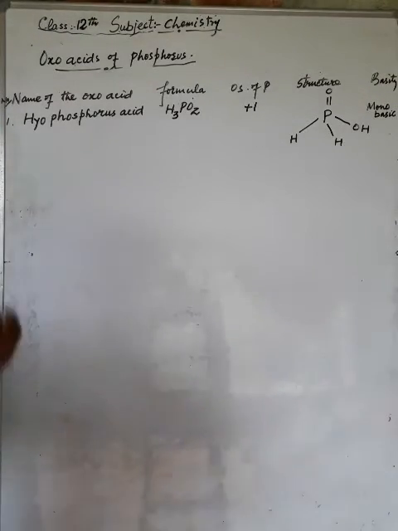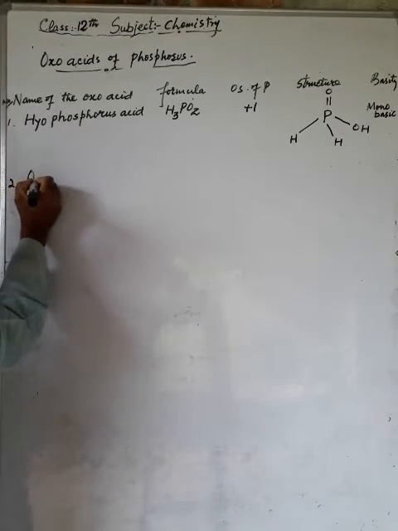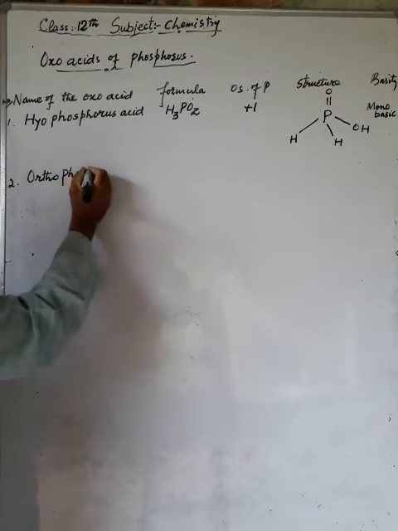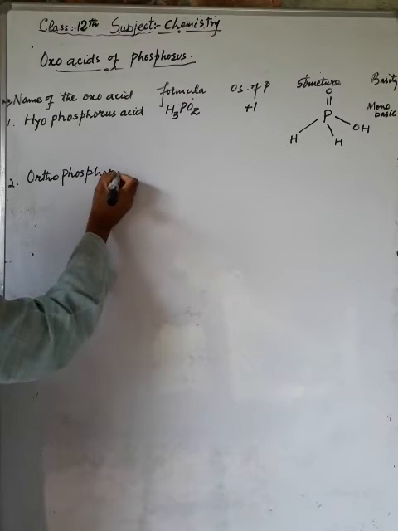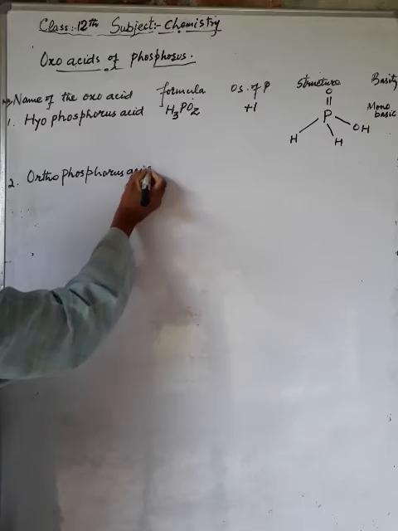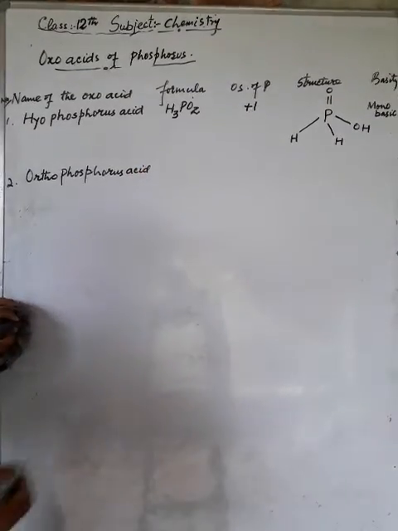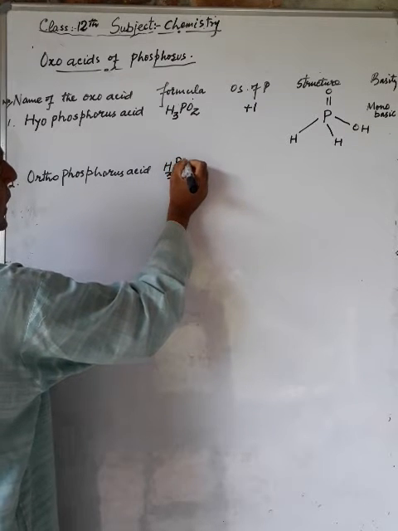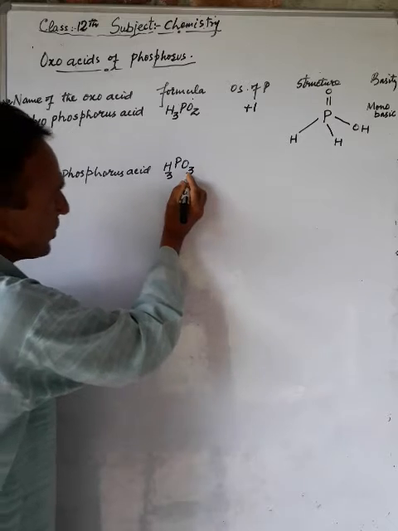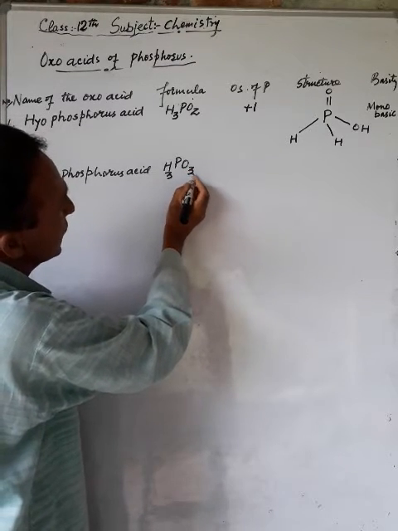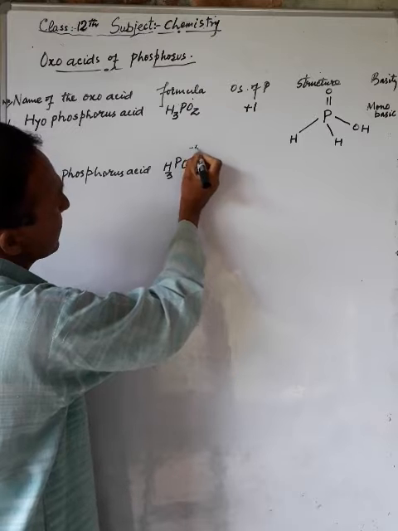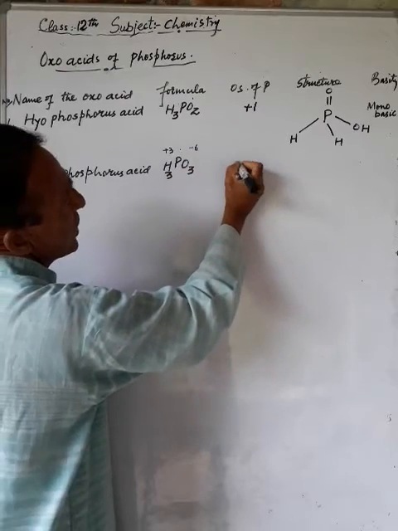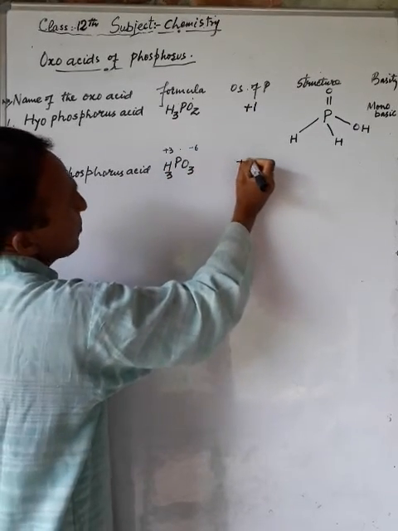Now, second, orthophosphorus acid. Or simply we can write phosphorus acid, it is H3PO3. The oxygen is in -2 oxidation state, 3 into -2 is -6, so the phosphorus must be in +3 oxidation state, so that the overall charge of the compound is 0.